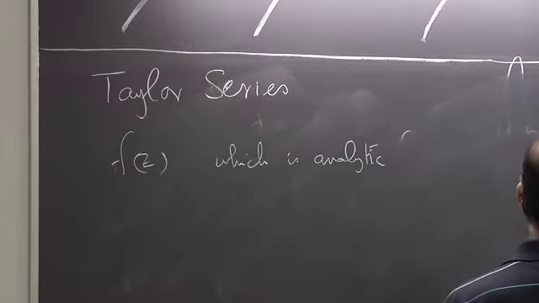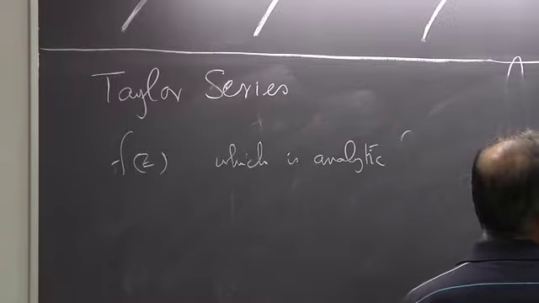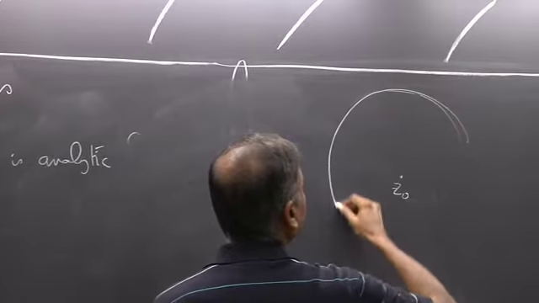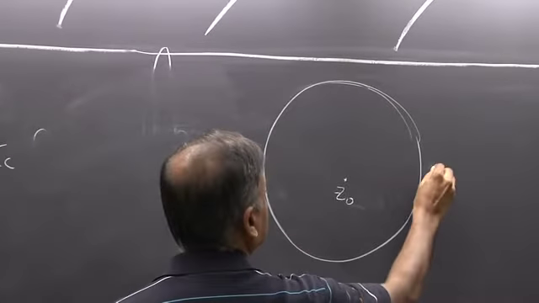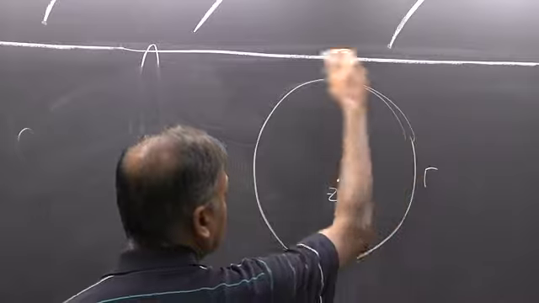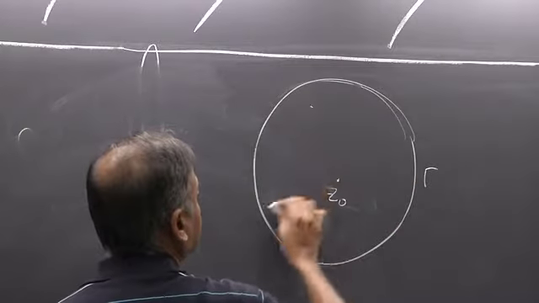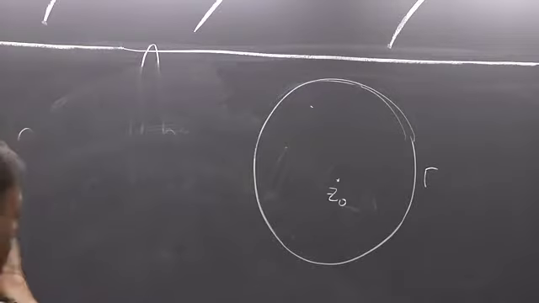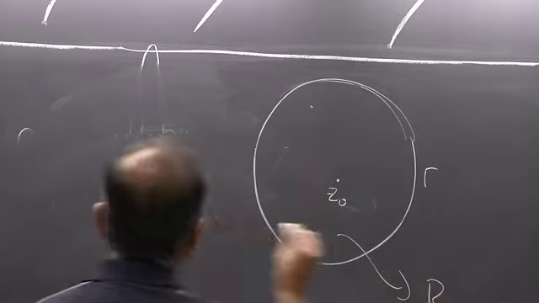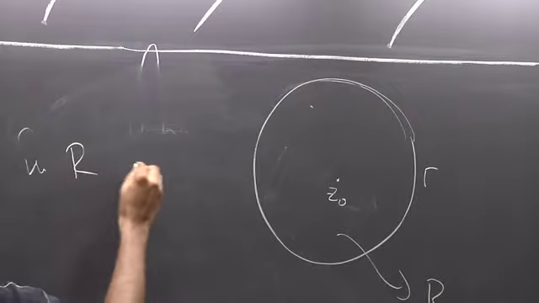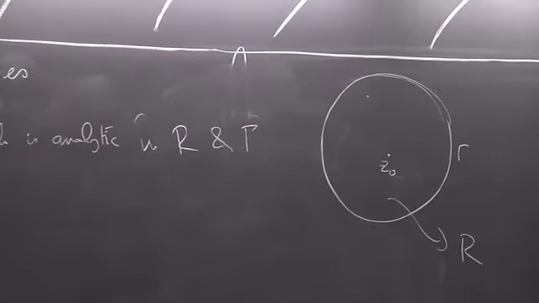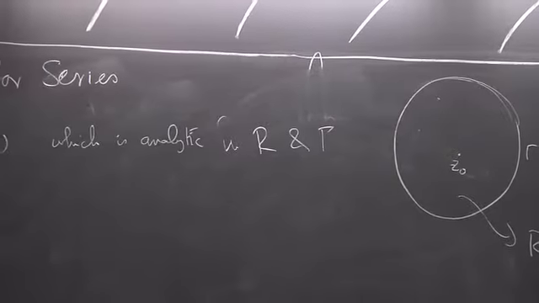Here is some point z naught, and I consider some circle, and let us suppose that this function is analytic within this circle, which I call gamma. So, in this entire region R, I assume that this function is analytic, as well as of course on the boundary gamma. Not just the interior, but also on gamma.